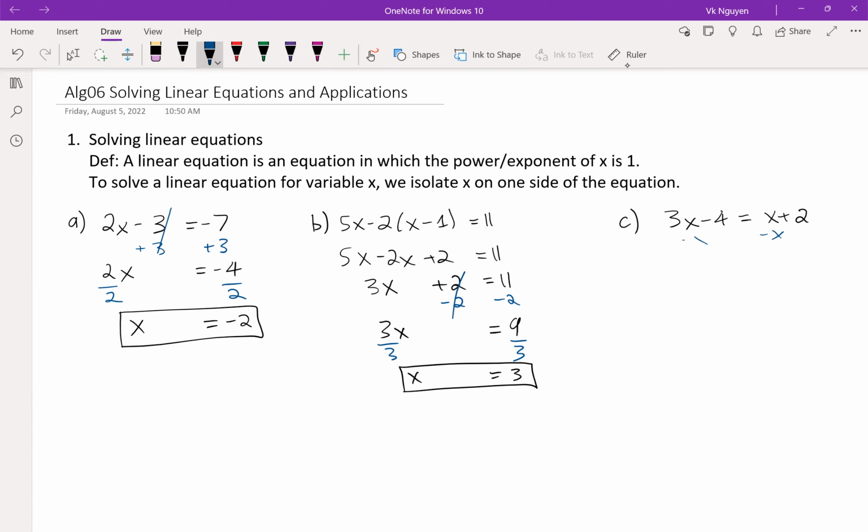Minus x, minus x. x minus x is gone. 3x minus 1x is 2x, minus 4 equals 2. Same format as example A. So +4 on both sides. 2x equals 6. And divide both sides by 2. x equals 3.